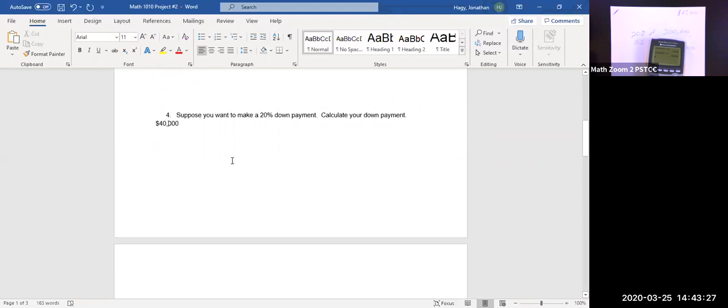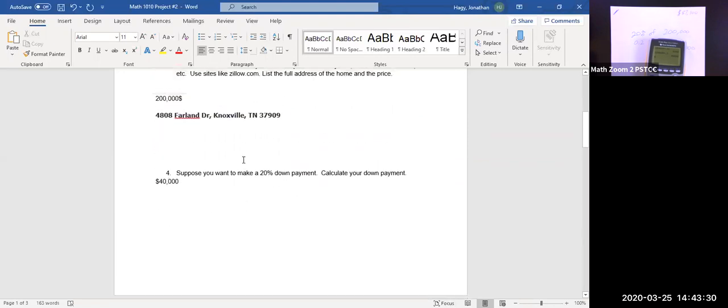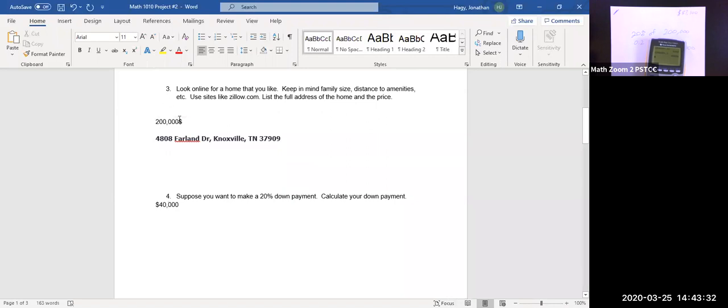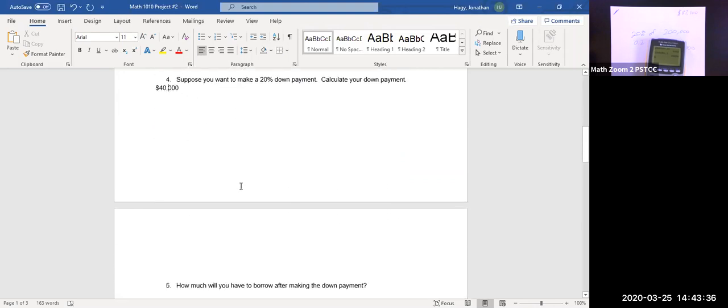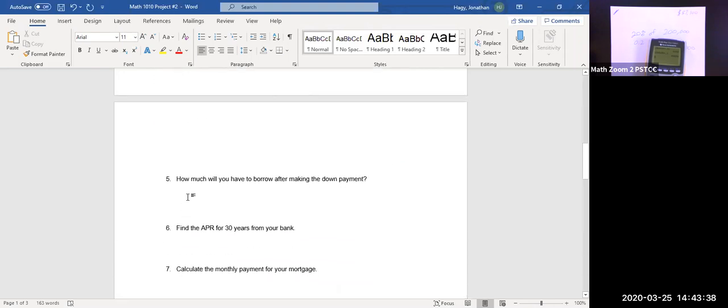So next we have to figure out how much we're going to borrow from the bank. Simply take the home cost, subtract the down payment, and that'll tell you how much you have left to borrow. Which is $160,000. Next, we're going to shop for a bank rate.